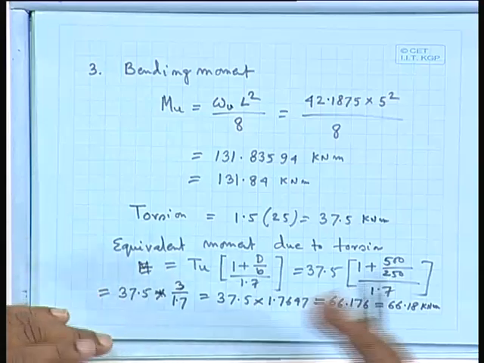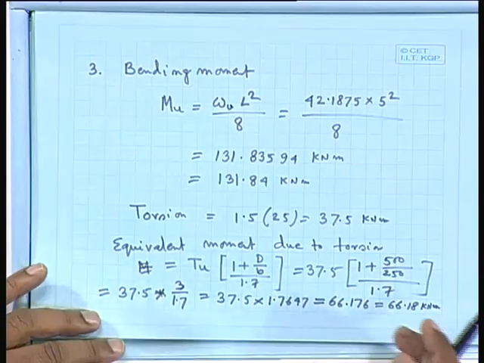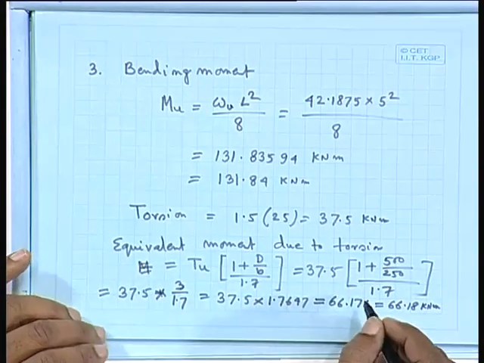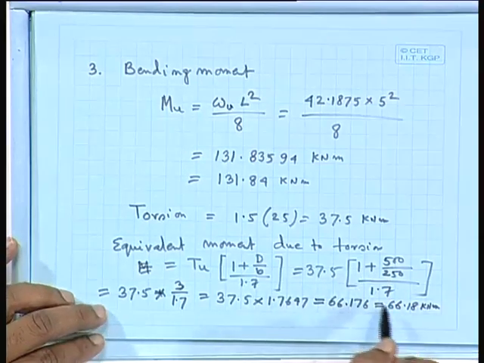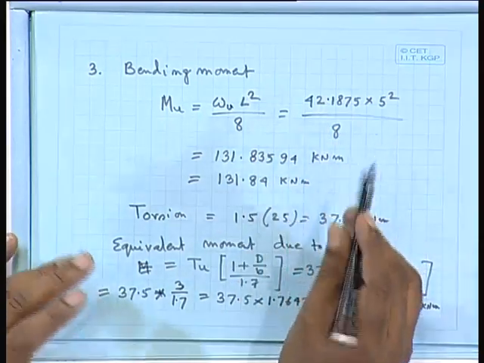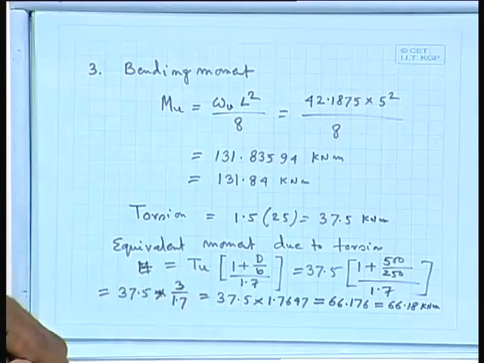One thing I would like to comment here: for any design purpose, whenever you are getting any numerical value, you have to check at each and every step whether that value is coming all right or not.